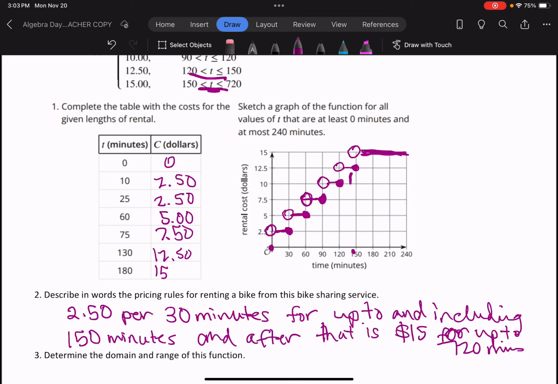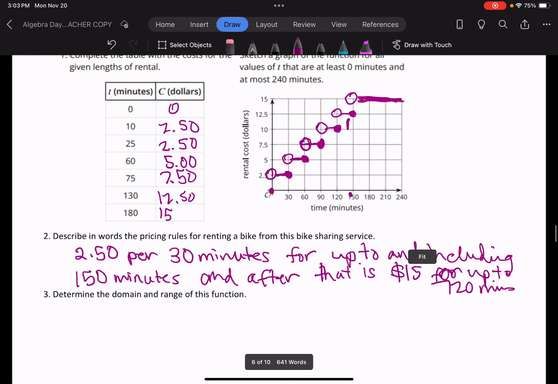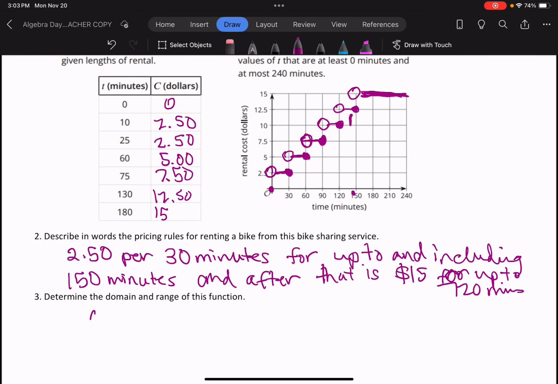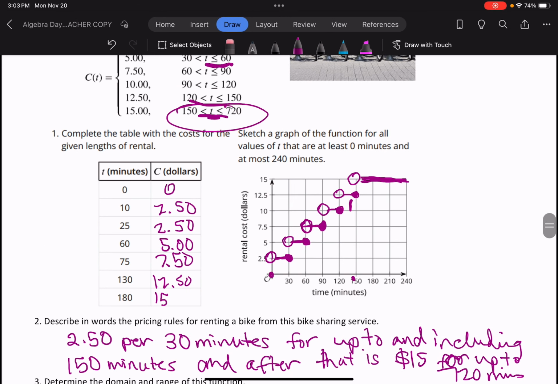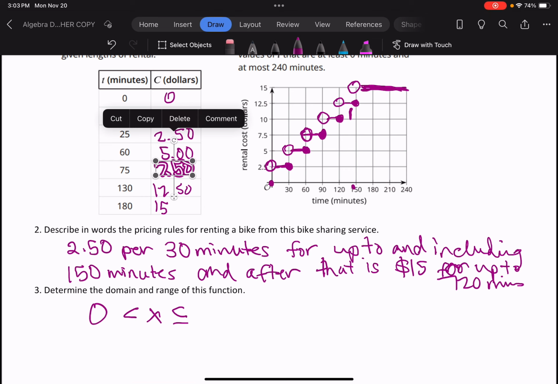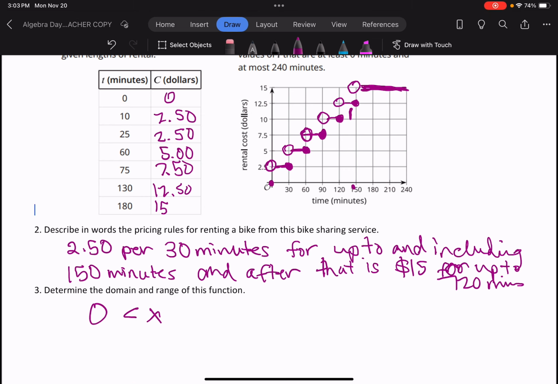Okay, determine the domain and range of this function. So the domain is from 0 to, based on this here, 720. And actually it's less than 720 because it just said it does not include that. And so that's the domain. And again, you can put that as an interval.